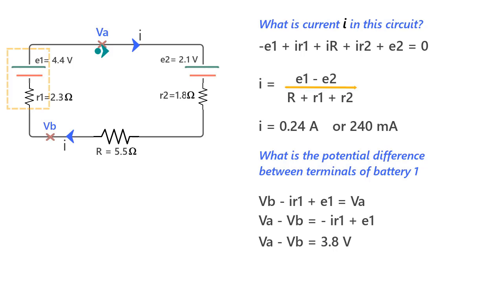Now you see this is lower than the EMF of the battery, and the reason for it is that the internal resistance of the battery has caused a drop in the potential when current I passed through it. And if there was no internal resistance, the terminal potential difference would have been the same as the EMF, that is 4.4 volts.